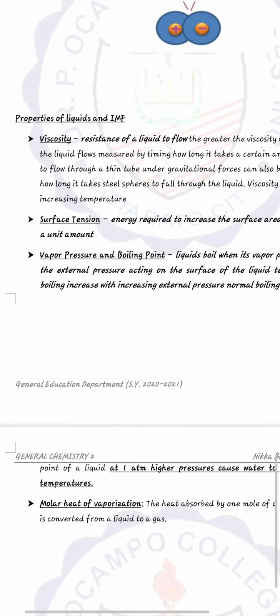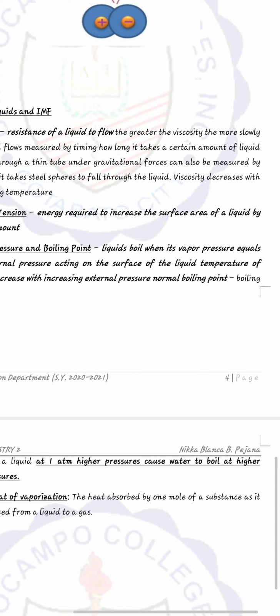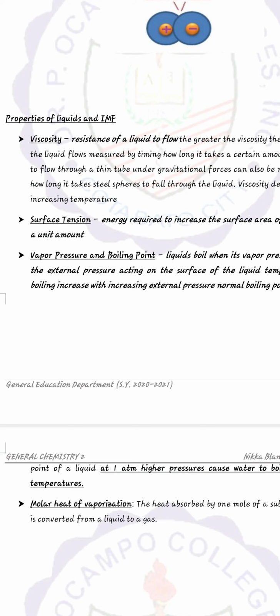Viscosity decreases with increasing temperature. So, not only is viscosity the resistance of a liquid to flow, but also take a look at the statement that its level decreases if the temperature is increased.